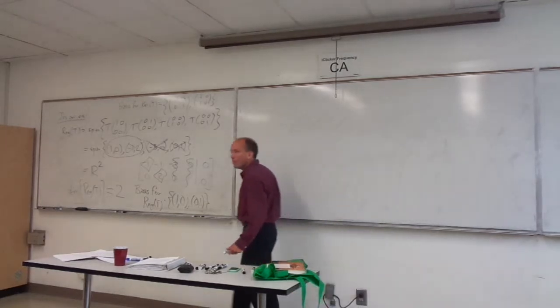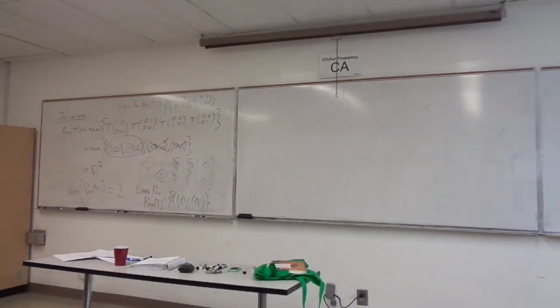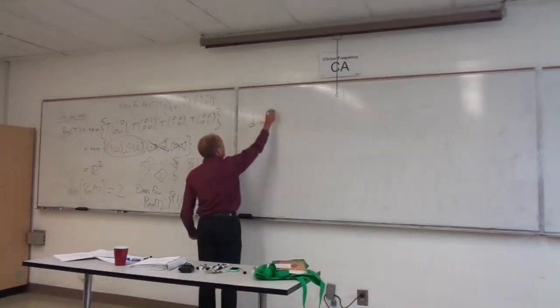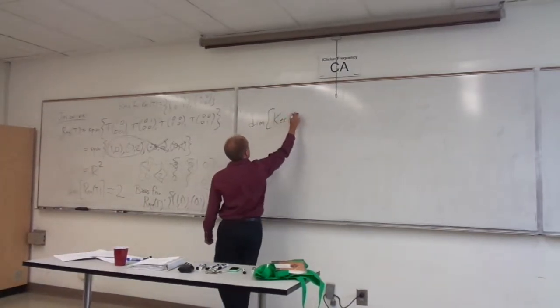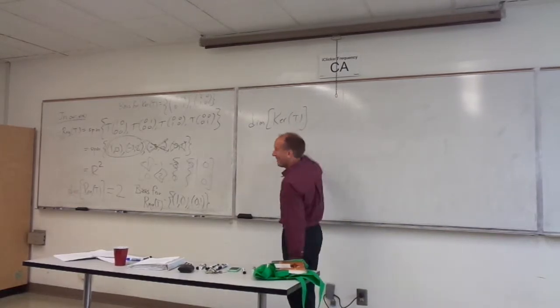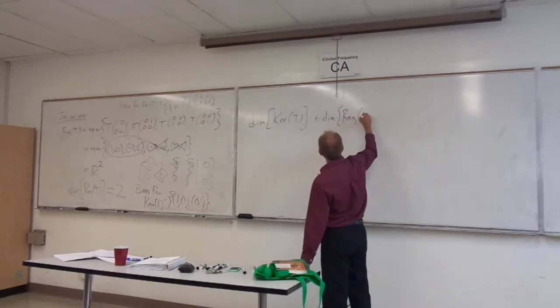Does anybody remember anything about the dimensions of the kernel and the range? They add up to, it's the generalized rank-nullity theorem. Oh, yeah. Yes. Apparently this was good to review, right?